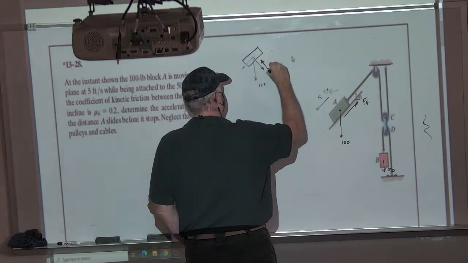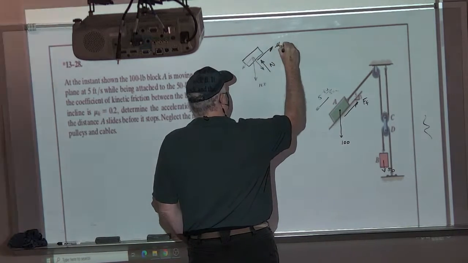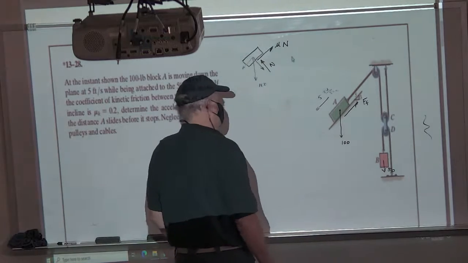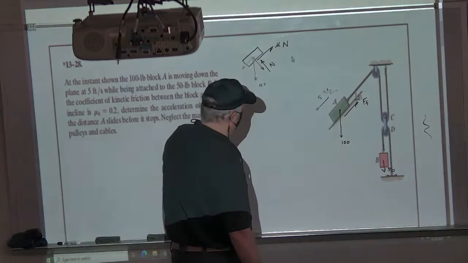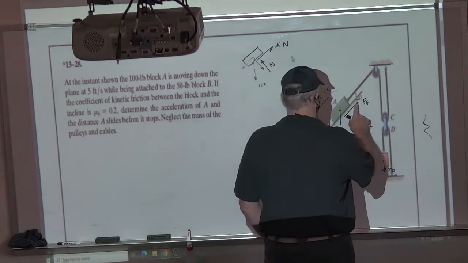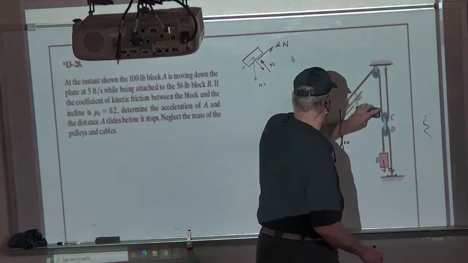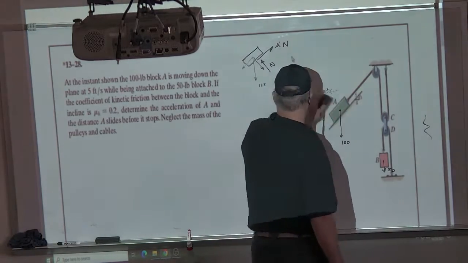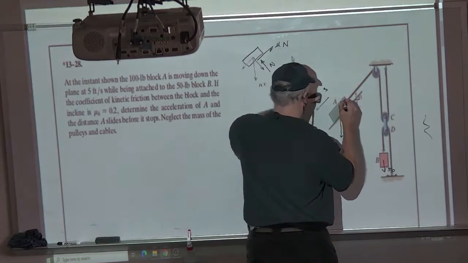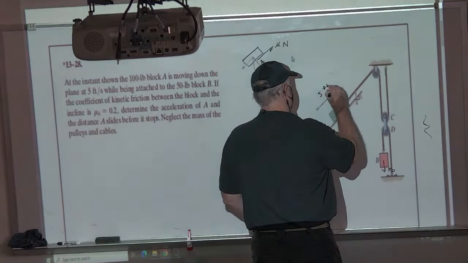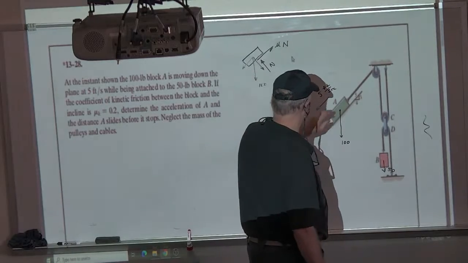This is my free body diagram. There's my normal force. And since it is in the process of moving, that's it. So what we have to do, I need to get rid of the arrowhead so I can see this a little bit better. Since I've got the free body diagram up here, I'm going to work on this and translate the information over to here.